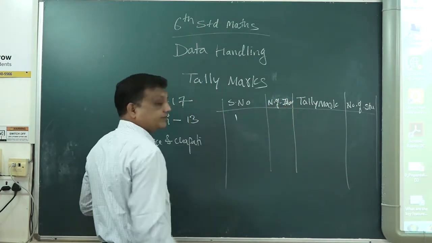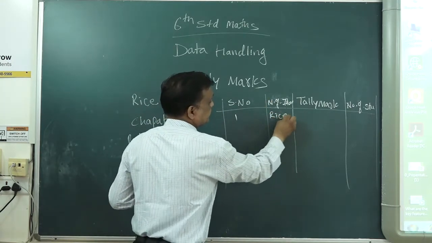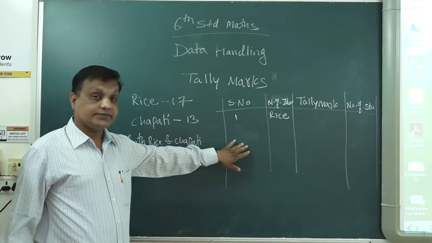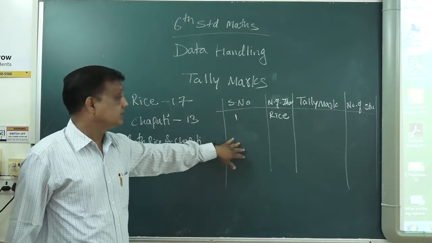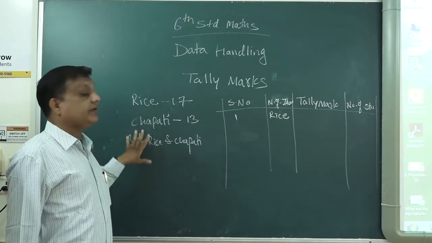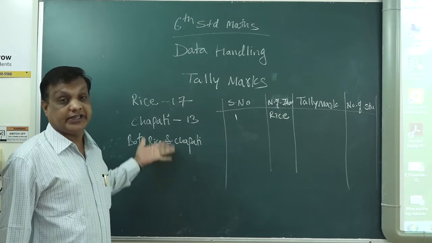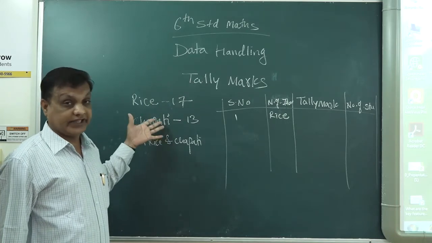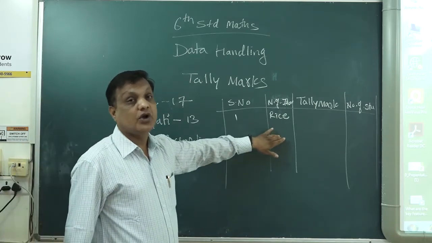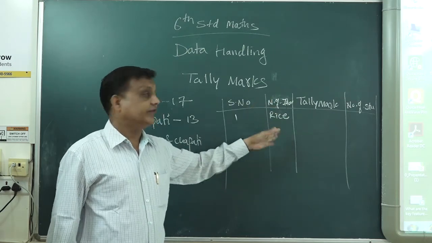Here serial number 1, name of item: rice. This is the table. First column is serial number. Second column is whatever the item name. Here item names given are rice, chapati, and both rice and chapati. Sometimes they will give the names of the students, or the name of the chocolate or things or books or places, whatever that is.